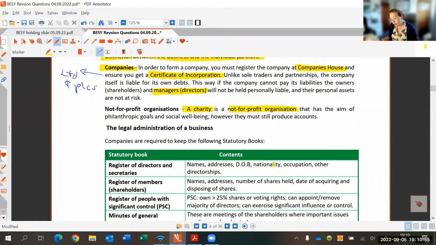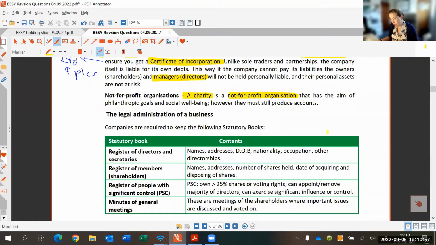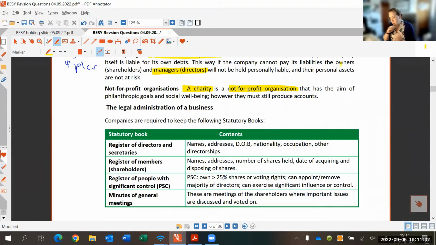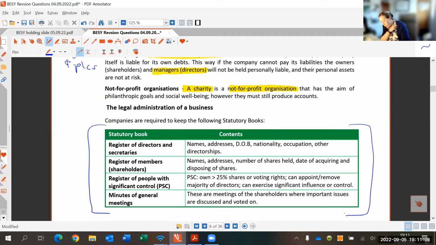You also need to know about the legal requirements within the business. Now, in this table here, you have got the requirements for our limited companies. They have to make sure that they are keeping, and a lot of this is publicly available, by the way, a list of their directors and their secretaries.